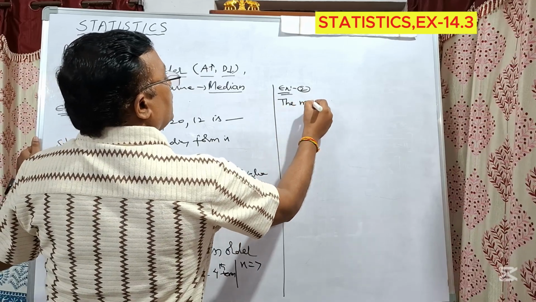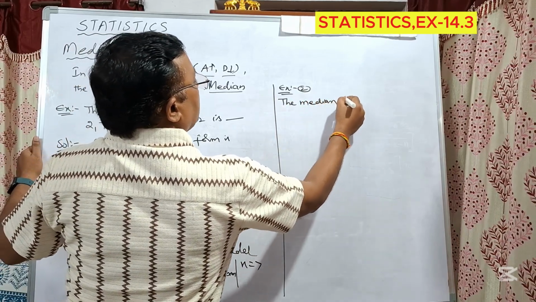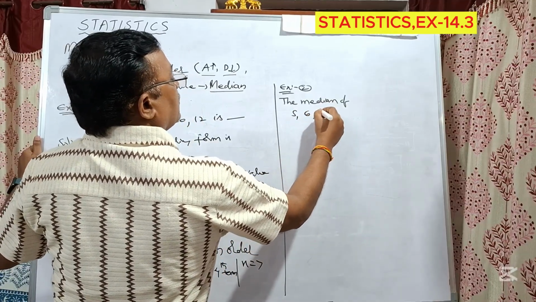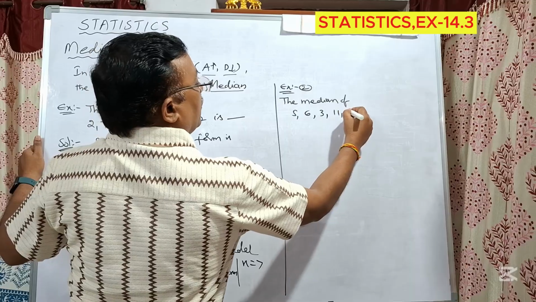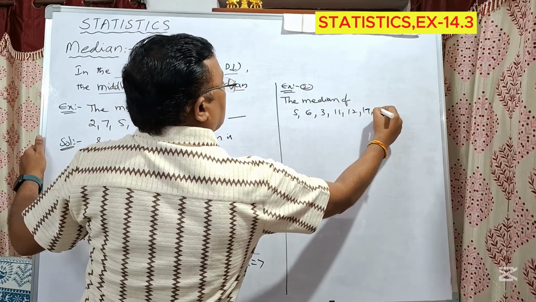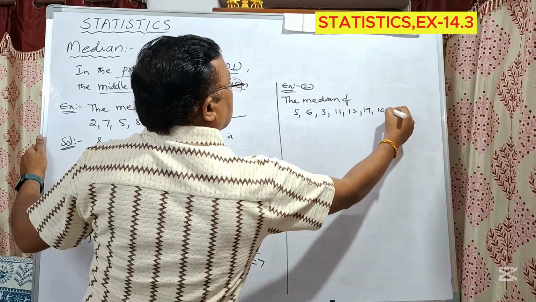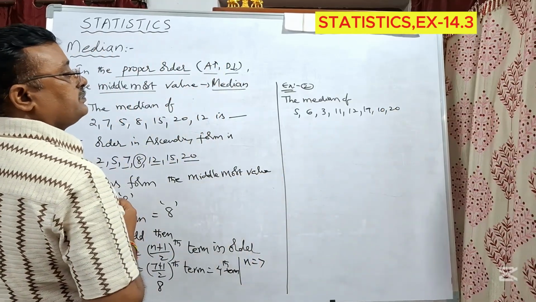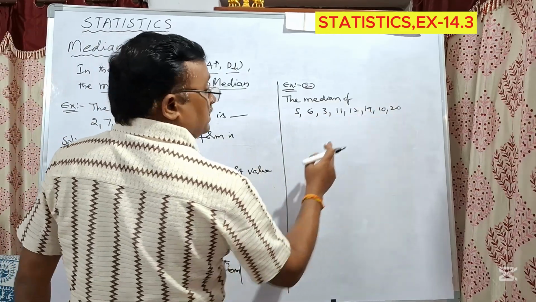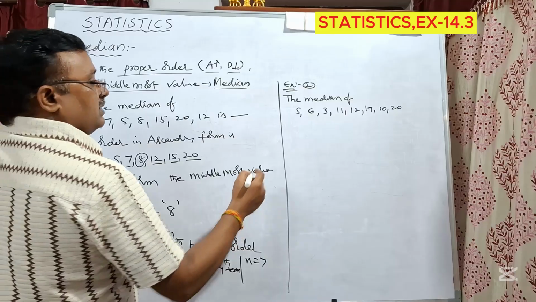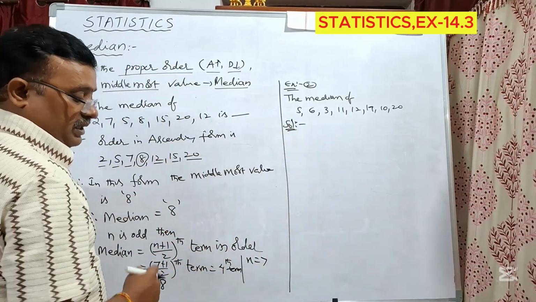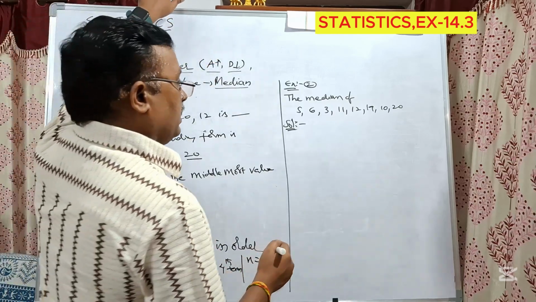The median of 5, 6, 3, 11, 12, 19, 10, 20. Here 1, 2, 3, 4, 5, 6, 7, 8, an even number of observations are there. So in this condition, what do we need to do for finding the median? First, arrange them in the proper order.